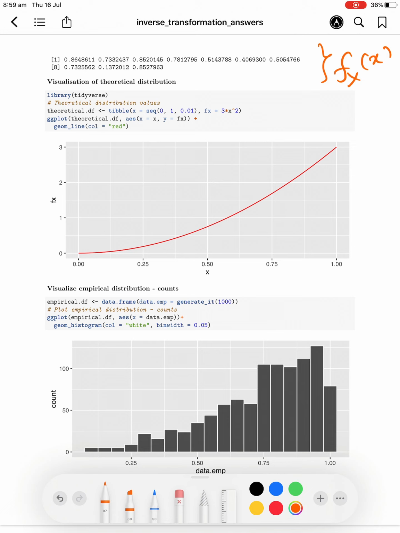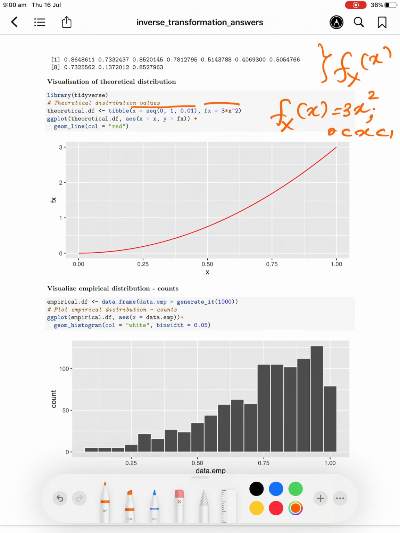Let's try to visualize these distributions. First, the theoretical distribution. The theoretical distribution is f_X(x), this one. So we were given that the range of x is between 0 and 1. So I generate first x values from 0 to 1 and increment is 0.01.